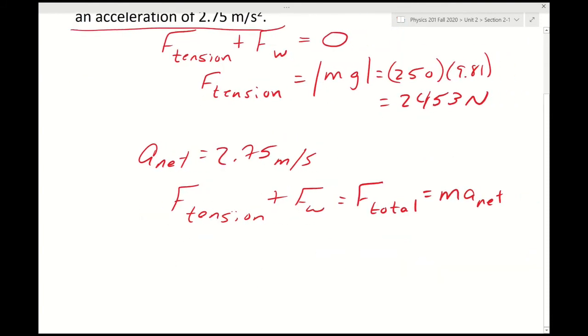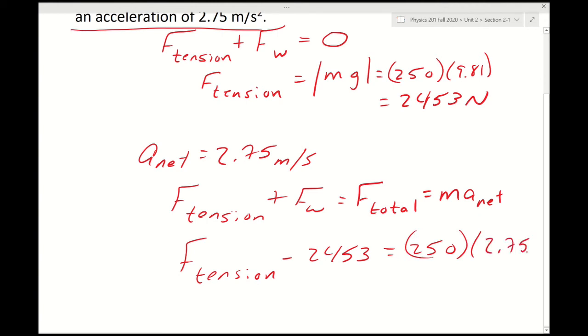Well, I know that weight is a 2,453 newton force going down. It's still a 250 kilogram object, and my net acceleration is 2.75. So my tension is 3,140 newtons.